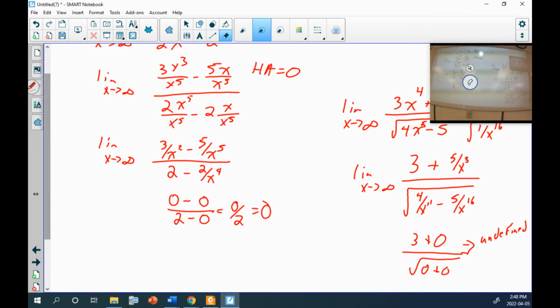This might have what's called a slant asymptote, which we will talk about later. But there's only 3 options for this. You have a horizontal asymptote at y is equal to 0. You have a horizontal asymptote at y is equal to some number other than 0, which is easy because we can figure that out.